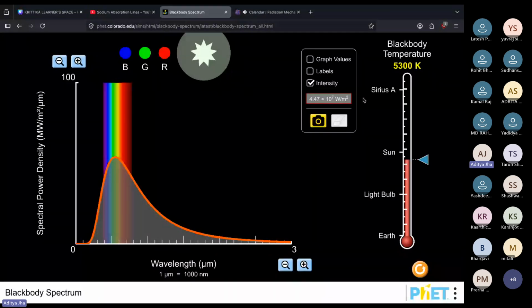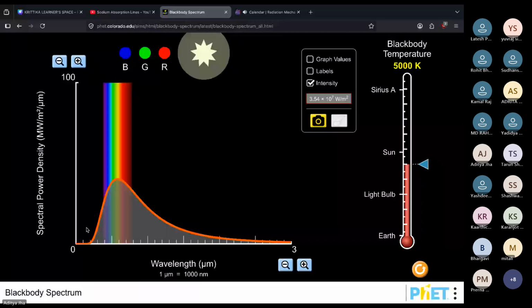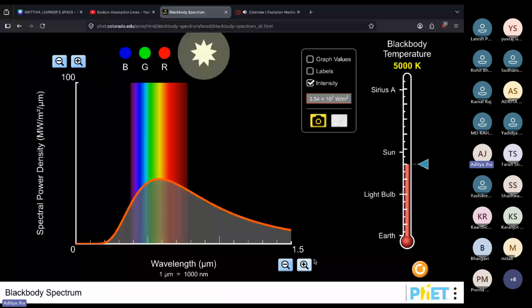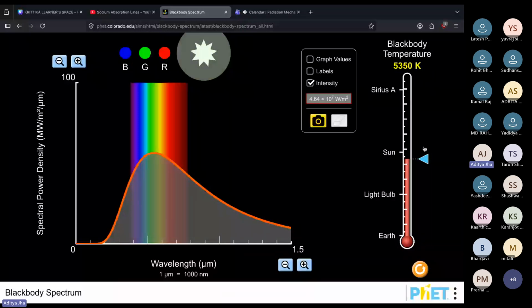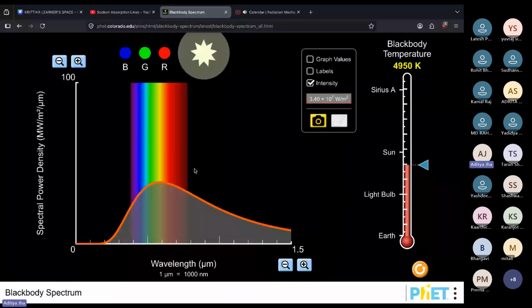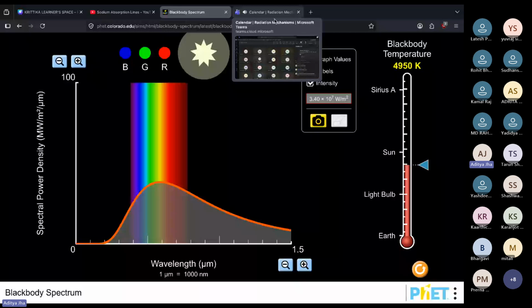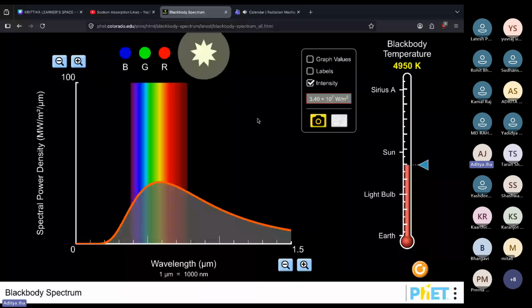Here it's the flux, and you can adjust the temperature to find what the graph of intensity versus wavelength will be. It's a very nice simulation to show how black body radiation works. So you can see that the peak wavelength is also shifting as I change the temperatures. So I'll share this with you guys, and you can also try it out.